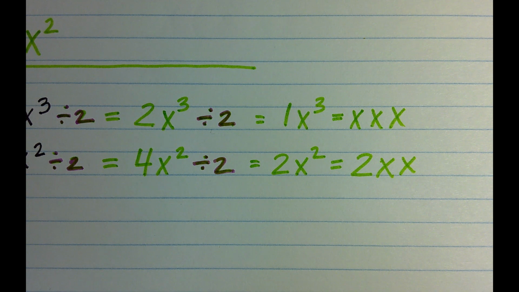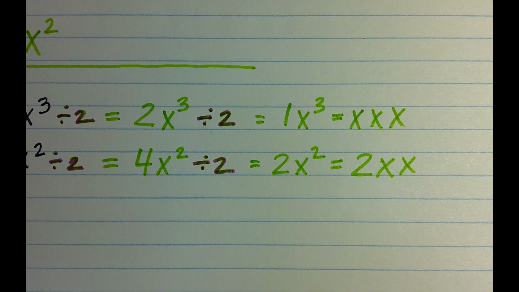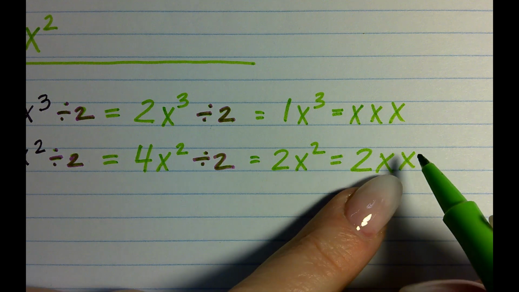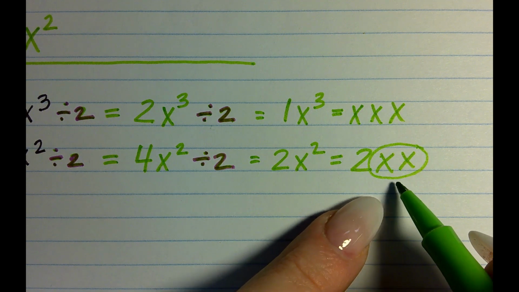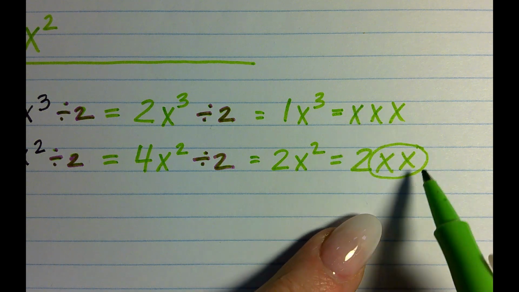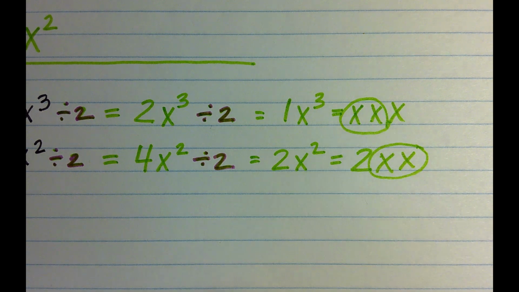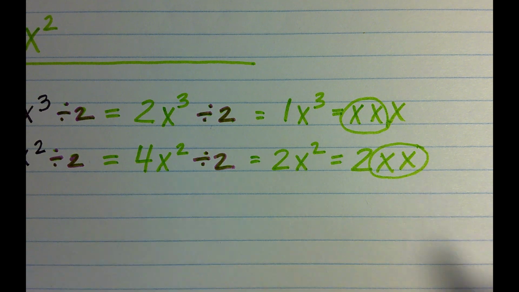So what is the biggest number of x's that fits into both of these? 2. I only have 2 x's right here. So I can't do a different number that's bigger. I need to do the biggest number that fits into both of them. In this case, it's 2 x's that fit into both. So x times x is x squared.